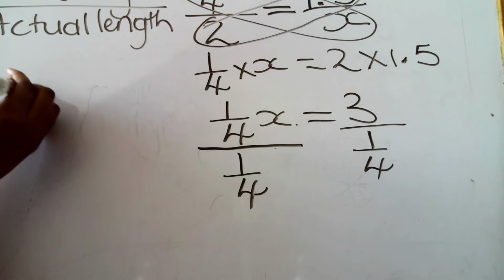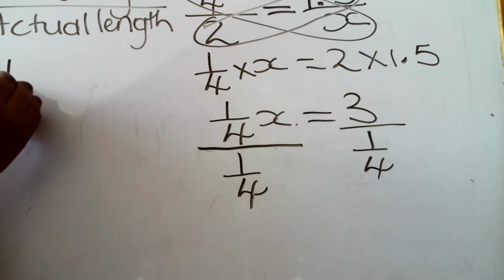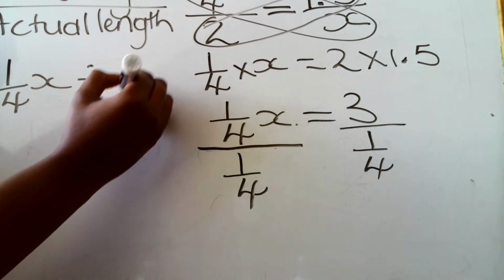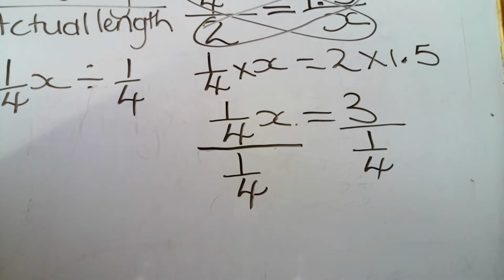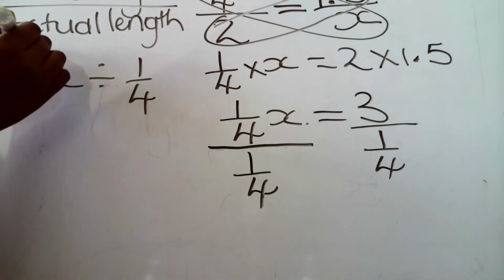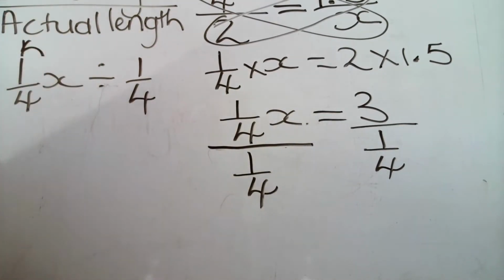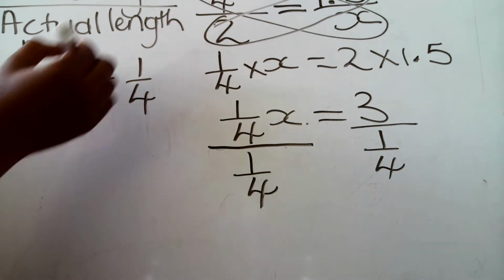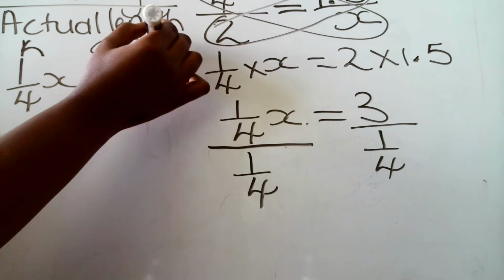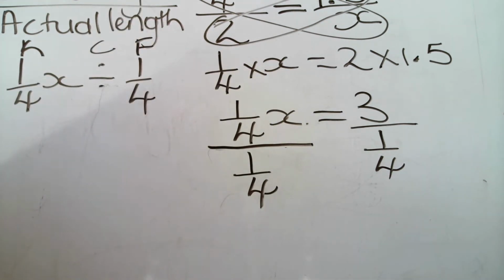Let's do it to the side here. So we have 1/4 x divided by 1/4. Remember, when dividing fractions, we keep the fraction before the division sign, we change the division sign to multiplication, and we flip the one that follows the sign.